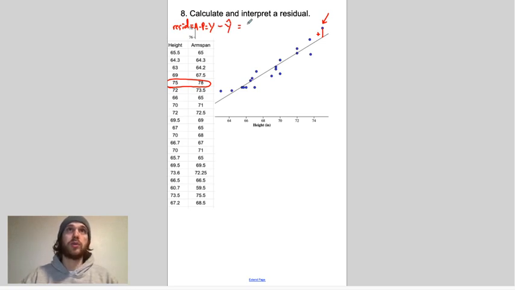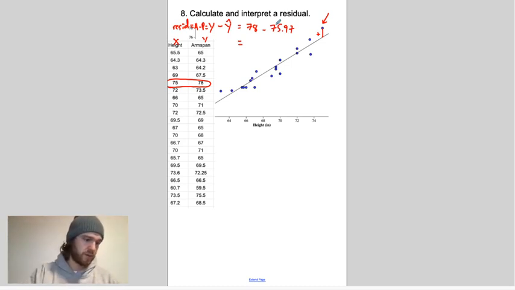So we do the actual, which is 78. 78 is the actual arm span for y. Remember, this is y, this is x. 78 minus 75.97 gives us a residual of 2.03.